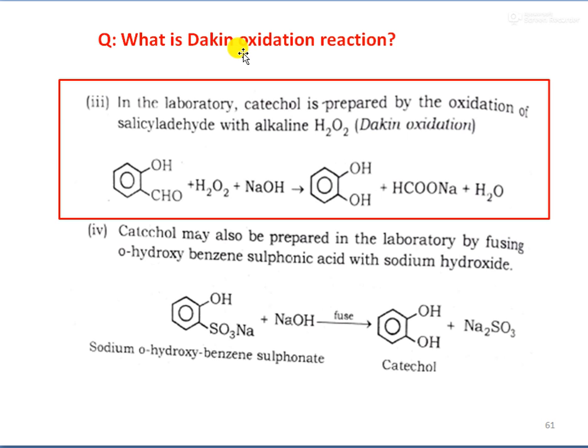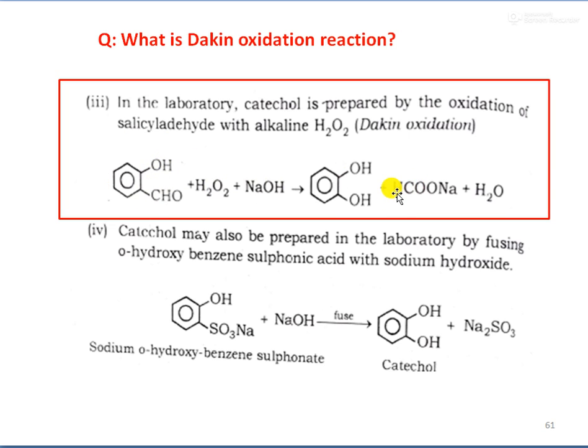Then another important reaction is the Dakin oxidation reaction. Here salicylaldehyde is treated with alkaline hydrogen peroxide, a mixture of sodium hydroxide and hydrogen peroxide, and an OH group is substituted.